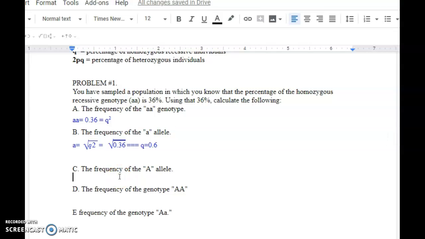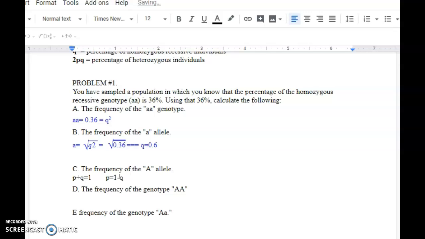All right. Step C, the frequency of having a big A. So big A is equivalent to P in the equation P plus Q equals 1. So P is going to equal 1 minus Q. That's pretty simple algebra.